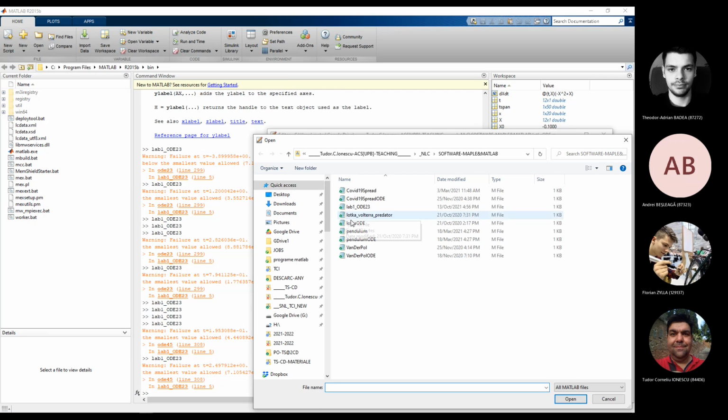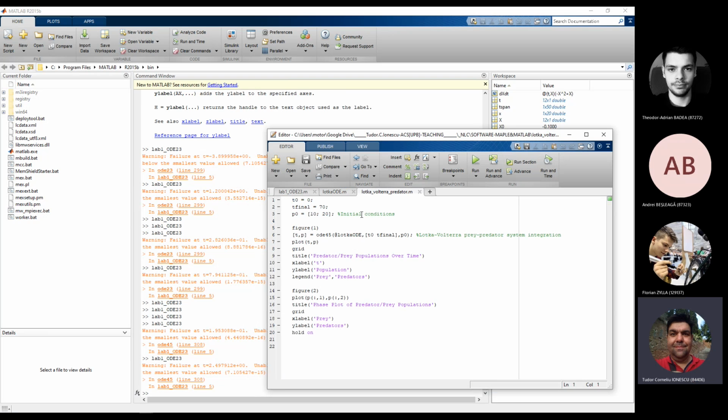Now we go to the integration part. Initial time 0, final time 70, so we simulate this between 0 and 70. The initial conditions are 10 and 20, so we have 10 predators and 20 prey, so to speak.